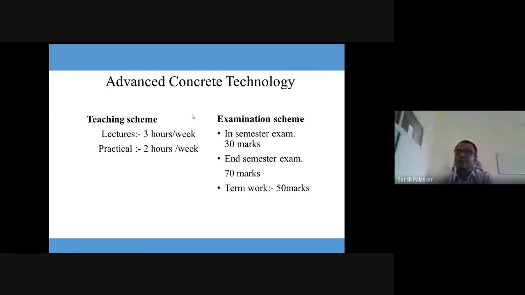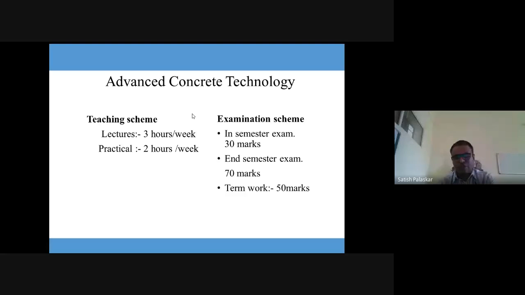In the fresh state, we will take different tests like slump cone test, setting time test, visual stability index test, segregation, L box or U box. You have to perform these tests on the fresh concrete as well as on the hardened concrete of either a self-compacting concrete, fiber reinforced concrete, or ultra high strength concrete.